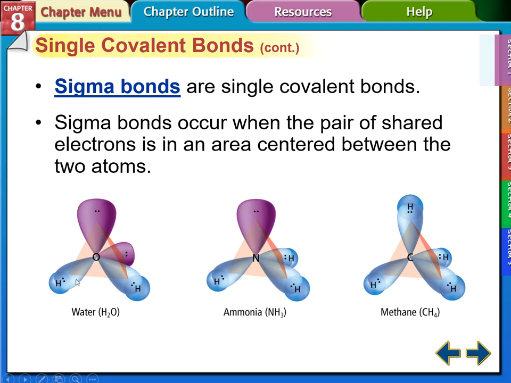So the hydrogen and the oxygen each share. The oxygen shares its 2 single electrons with 2 hydrogen atoms. The nitrogen shares its 3 single electrons with 3 hydrogen atoms, and carbon bonds with 4 hydrogen atoms.